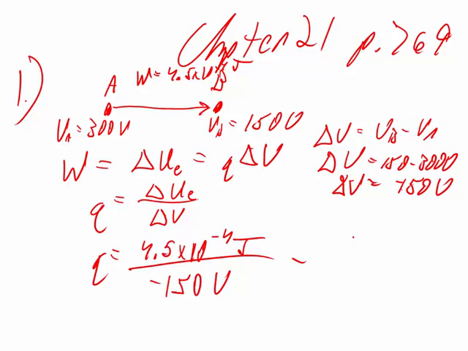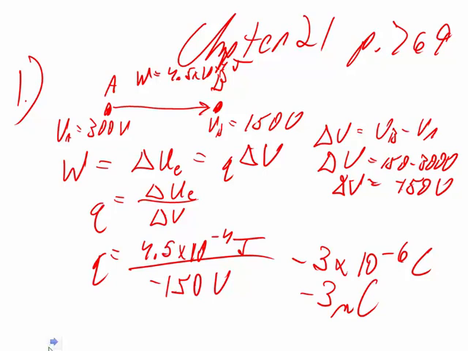We get negative 3 times 10 to the negative 6th coulombs, or negative 3 microcoulombs. So it's a negative charge, isn't it? Sure is. So that's number 1, a real easy problem.